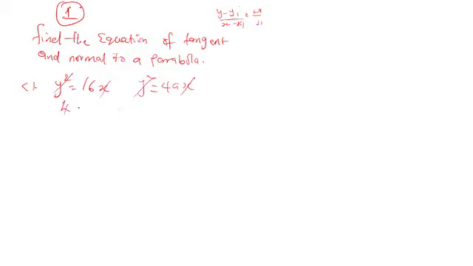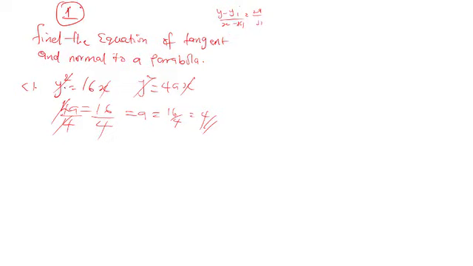So let's do it this way. 4a equals 16. In getting the value of a, we divide both sides by 4, so that this 4 eliminates this 4. The value of a is 16 divided by 4, which is equal to 4. Now that we have a as 4, let's substitute it into the equation that was given above.